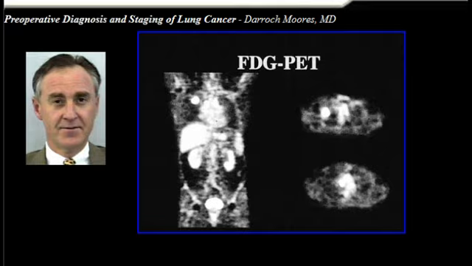This is, as you know, new technology. It's not available in most of the country, and where PET scan is going to fall out in the assessment of lung cancer, we don't really know. However, PET scan will not supplant CT scan for routine evaluation of patients with lung cancer.